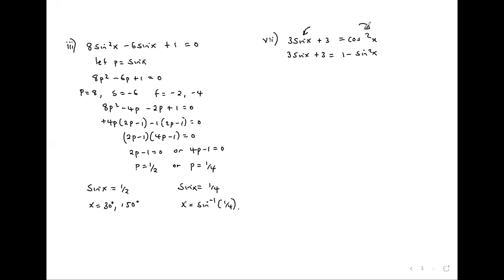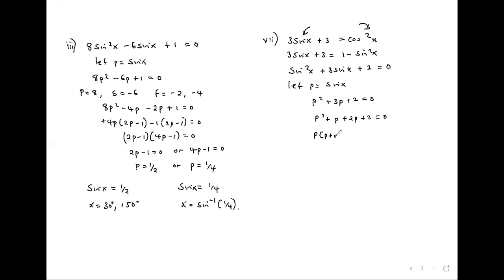So if you put like terms, if you put everything on one side, we'll have sine squared x plus 3 sine x plus 2 is equal to 0. So again, you let p be equal to sine x, so that you have p squared plus 3p plus 2 is 0, and then get p squared plus p plus 2p plus 2 is 0.